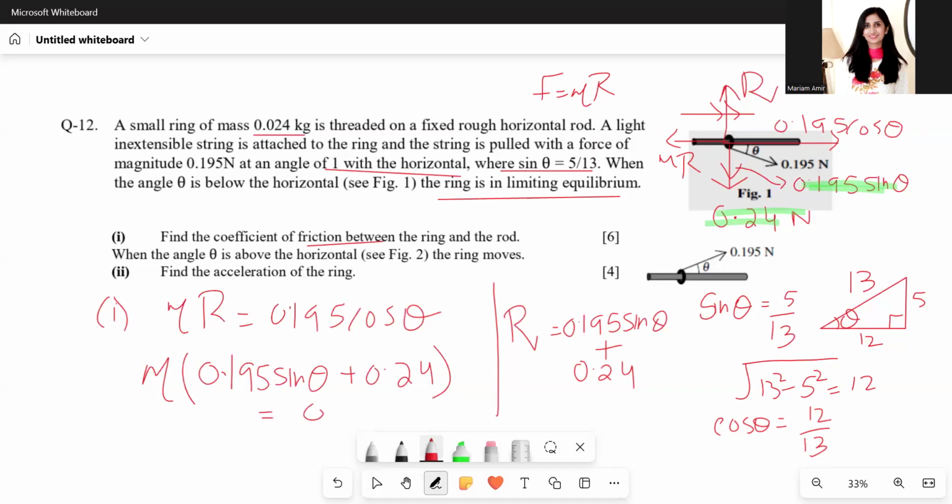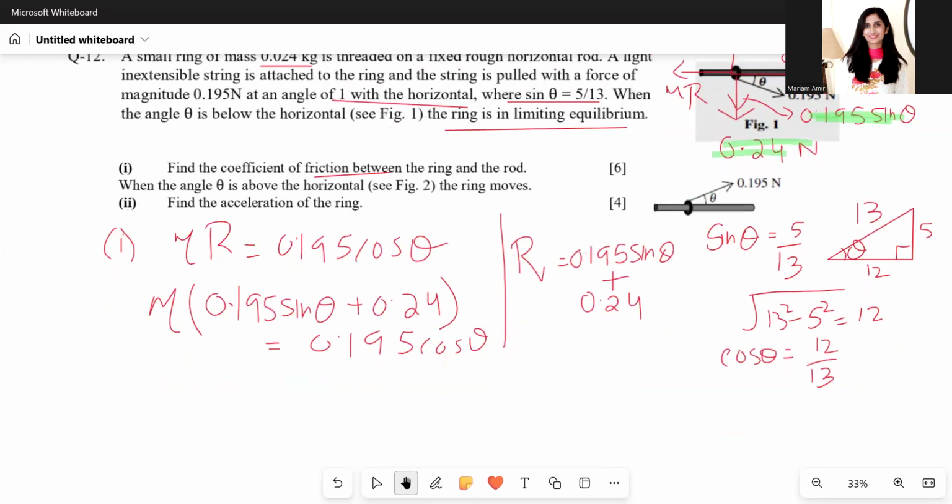So instead of R, I'm writing the sum of these two forces, equal to 0.195 cos theta. Now let's substitute the values of sine theta and cos theta. Sine theta is 5 upon 13, and cos theta is 12 over 13.